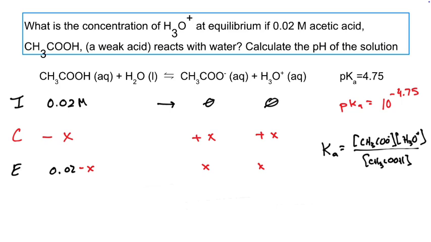Plug in your variables. Okay, so your Ka we said was 10 to the negative 4.5. I can't do that on the calculator in my head. The acetate was X times H plus, that's X squared over 0.02 minus X. What could we now go through and do?